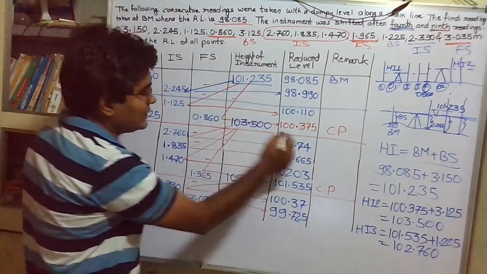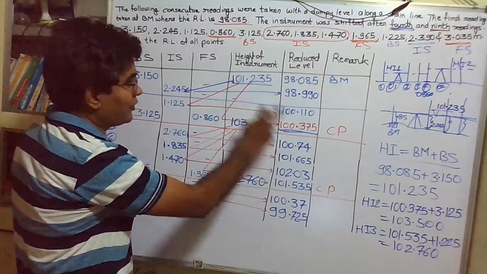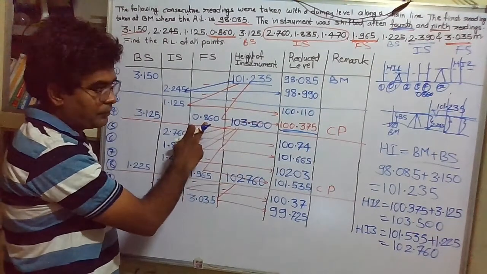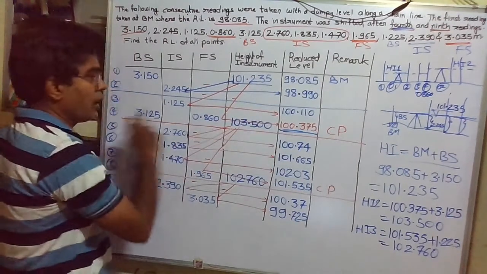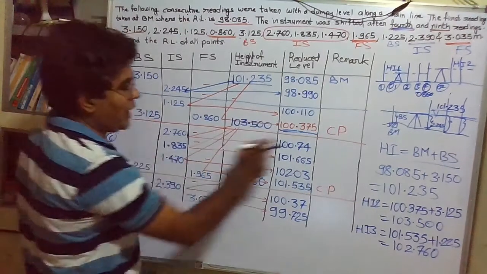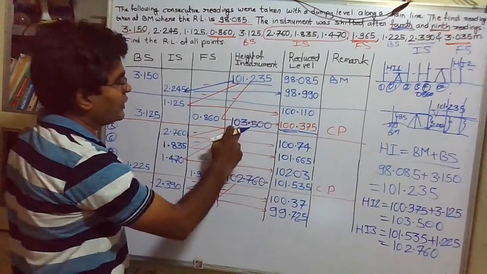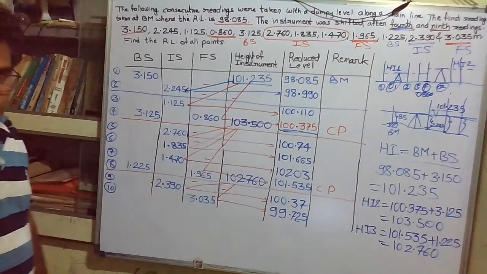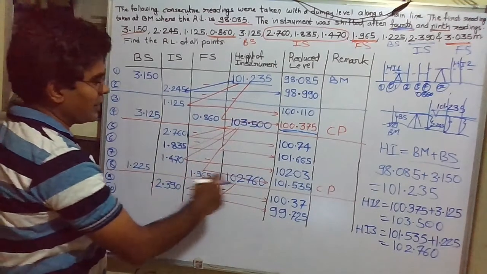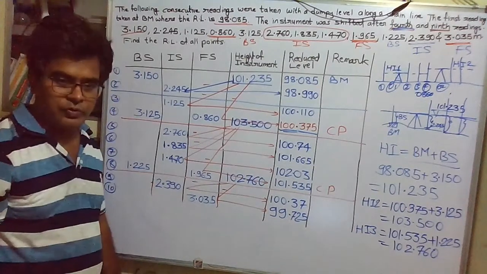By adding the backside reading to this RL. Then for each next staff reading, we get the RL by subtracting the reading from the height of instrument.